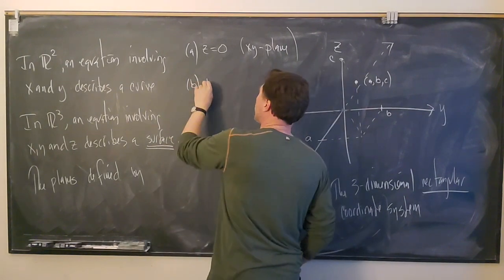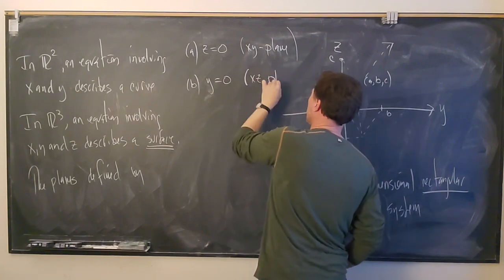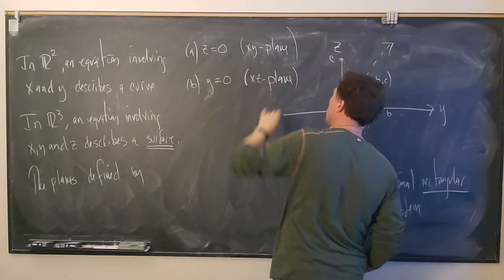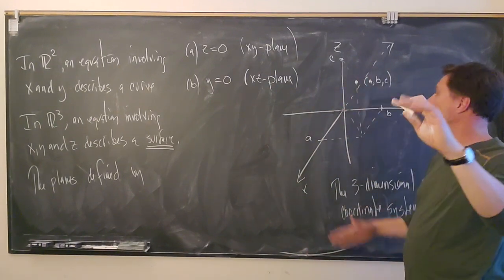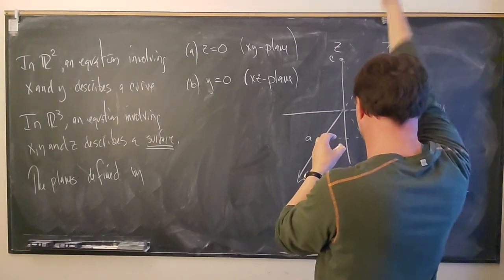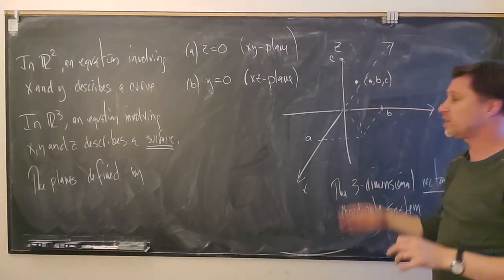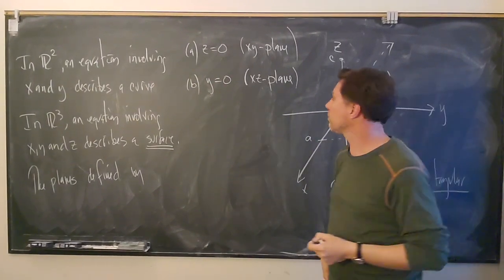B, if we require y equal to 0, this is known as the xz plane. So the x-axis is coming out of the board. The xz plane then would slice straight into the board vertically, and it would divide this room into 2 halves, that half and this half over here.